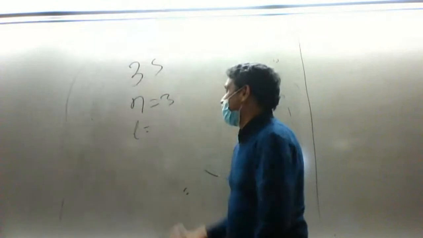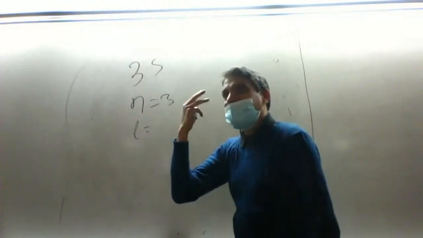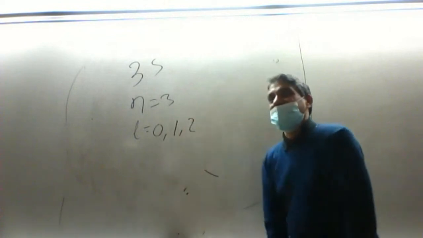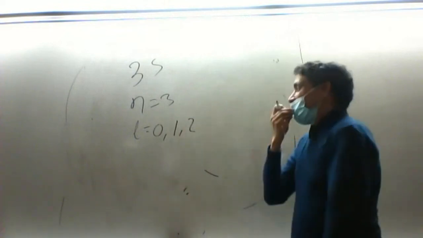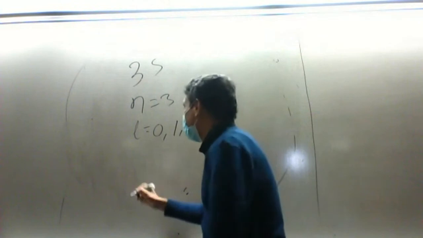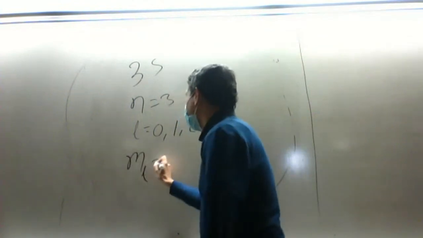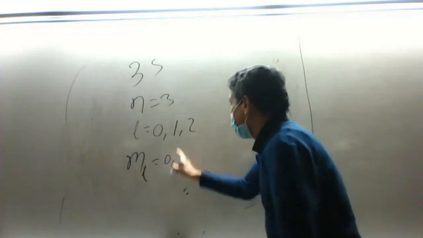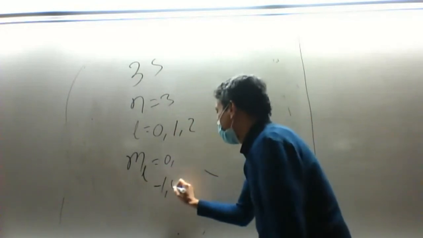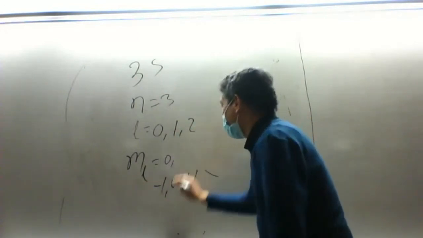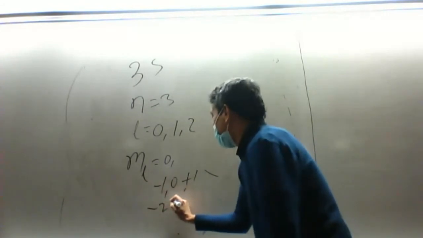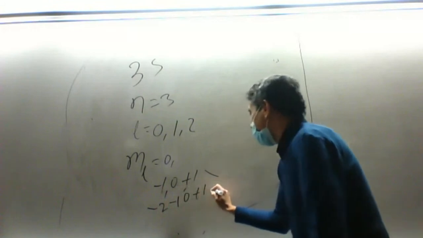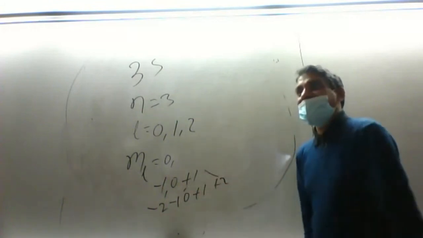We need to go up to 3 values, so 0, 1, 2. Those are the possible L values, right? And then if you want to go further, the ML values: for 0 it is 0, for 1 it would be -1, 0, +1, and for 2 it would be -2, -1, 0, +1, and +2. You see that? That's how we got it, right?